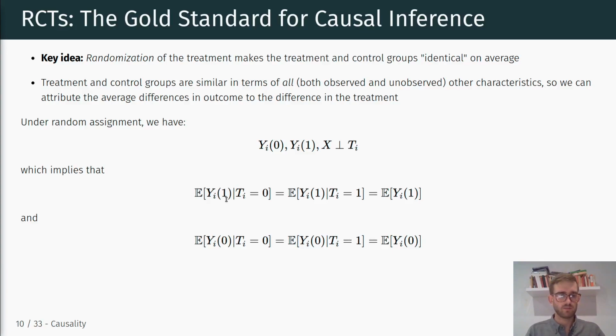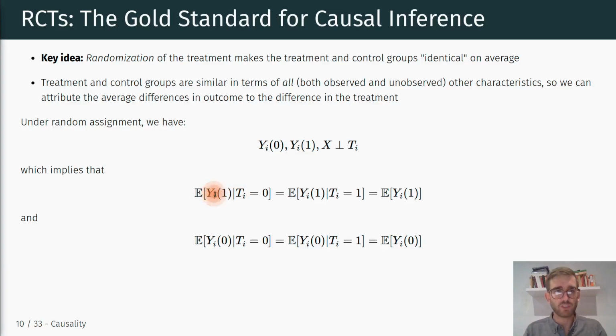Here we're looking at the conditional expectation. So the expected value of our potential outcome in the treatment group, conditional on the treatment Ti being equal to 0, so conditional on being in the control condition. And you can already see that this is kind of a hypothetical or non-observed outcome.